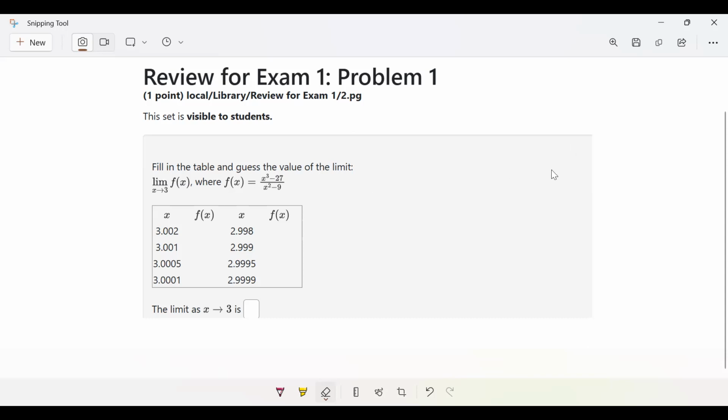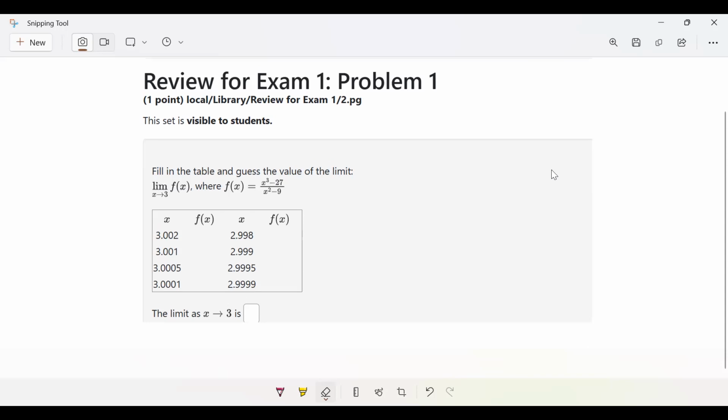Basically, we try to evaluate the limit for this function f of x equal to this. We're just gonna find out what the y values are for each given number here. So we find f of x when x equals 3.002.